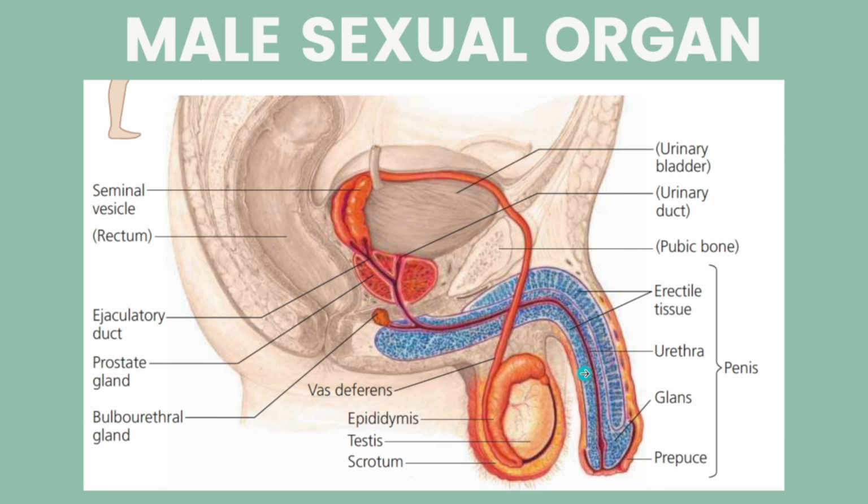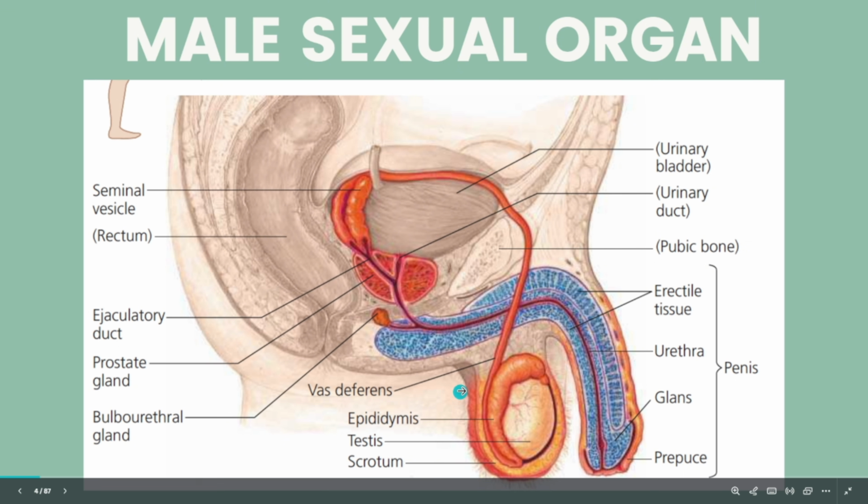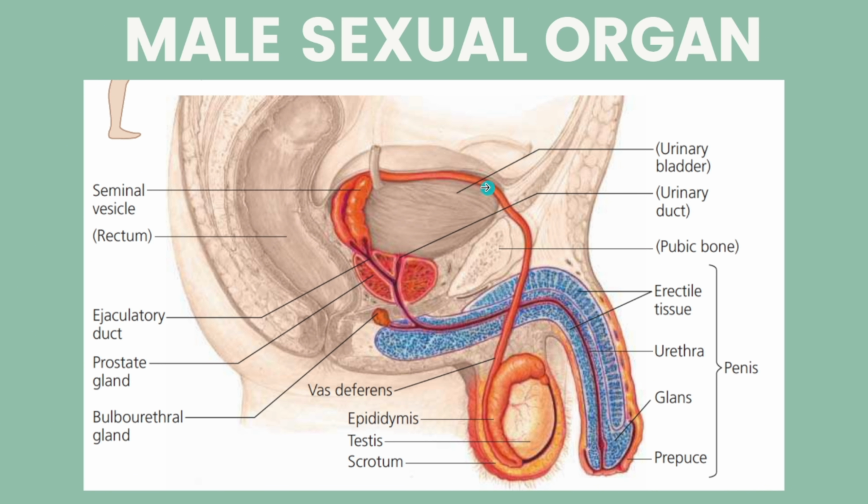During ejaculation, your sperm starts to be transported from the epididymis through a tube we call the vas deferens.